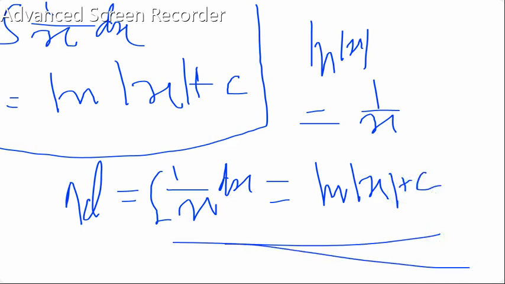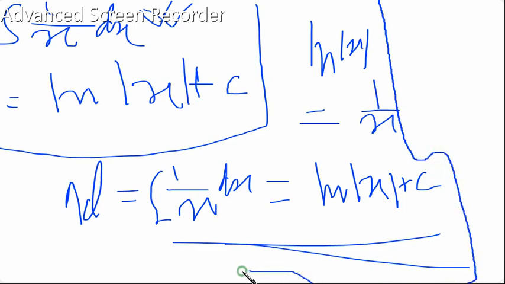This is one of the most important types of power rule integration, because most people use the power rule and the answer gets wrong. Why is the power rule not allowed here?